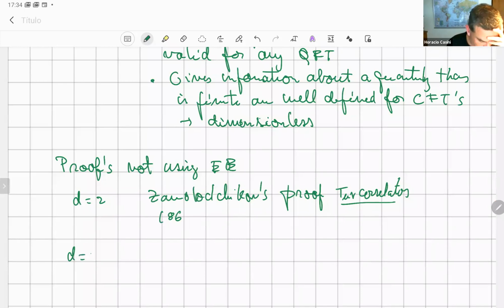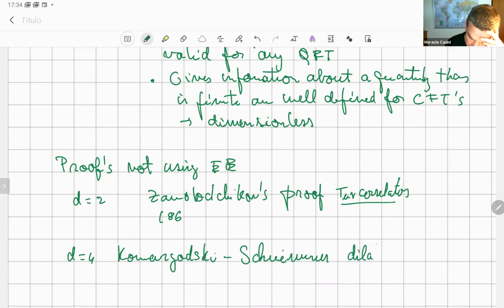And for D equal to 4, there is the Komargodski and Schwimmer proof that uses the dilaton effective action.